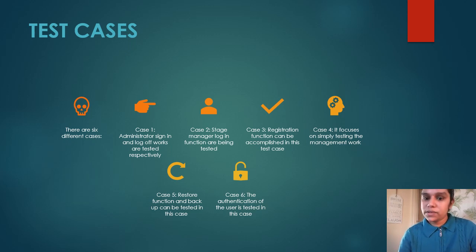The next one was the registration function, and the fourth case focuses simply on testing the work management. The fifth case was the restoration function and backup to be tested. And lastly, the authentication of the user is tested in this case. All these things were performed simultaneously while working on this particular thing.